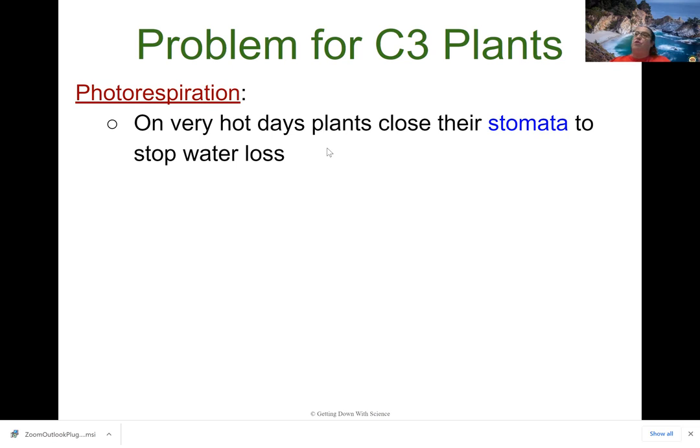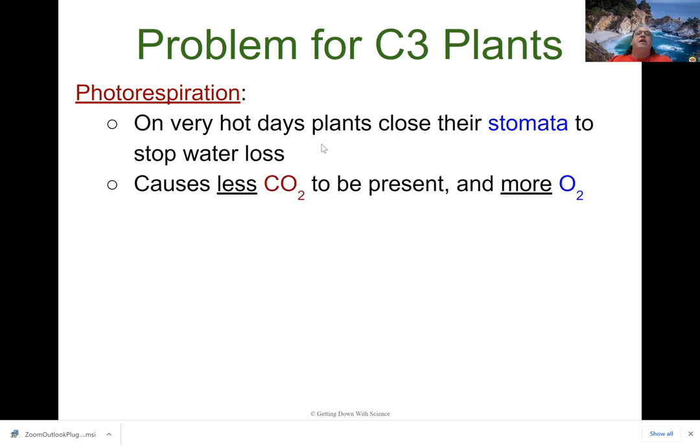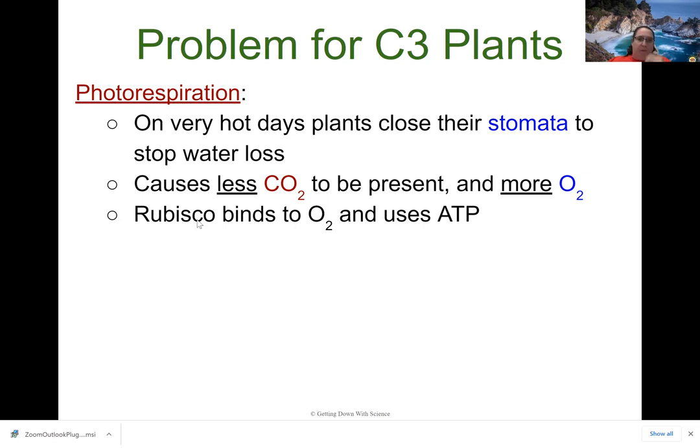The problem is, if you close the stomata, are you exchanging carbon dioxide and oxygen, those other gases? So that means that we're going to have less carbon dioxide present and more oxygen present, because we can't exchange those if the stomata is closed. So Rubisco will actually bind to the O2 and use ATP to produce carbon dioxide.